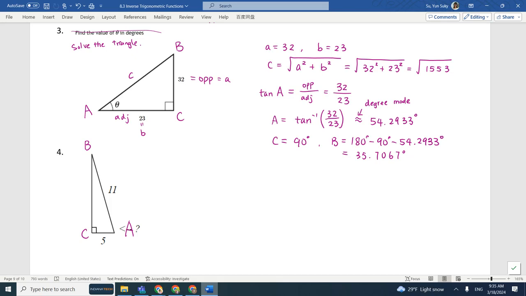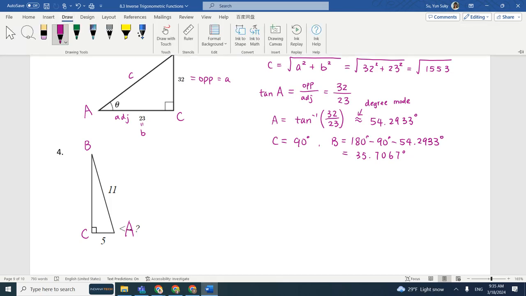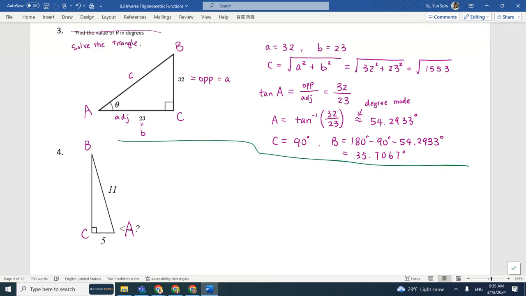Let's check our answers together. Okay, so this is side C and that's side B. We don't know A, right? So how do we find A?